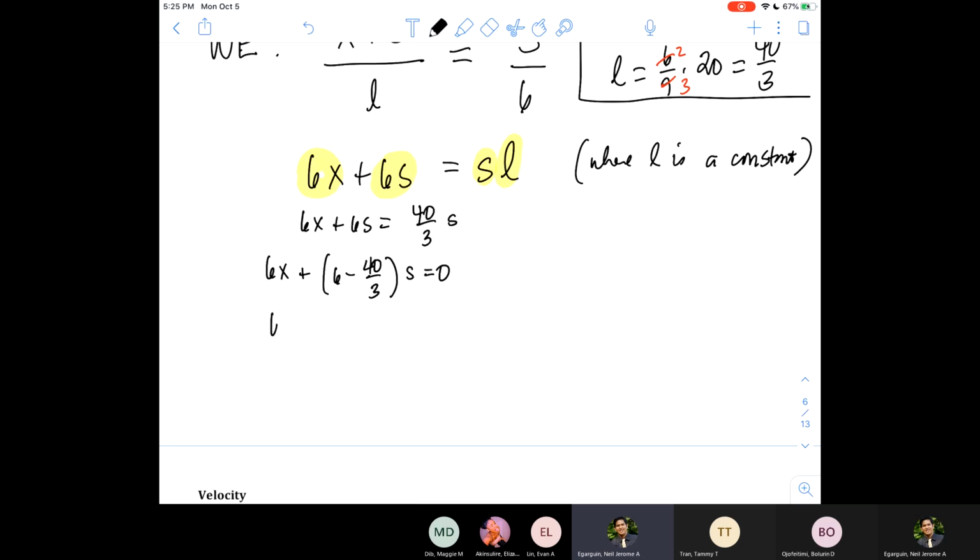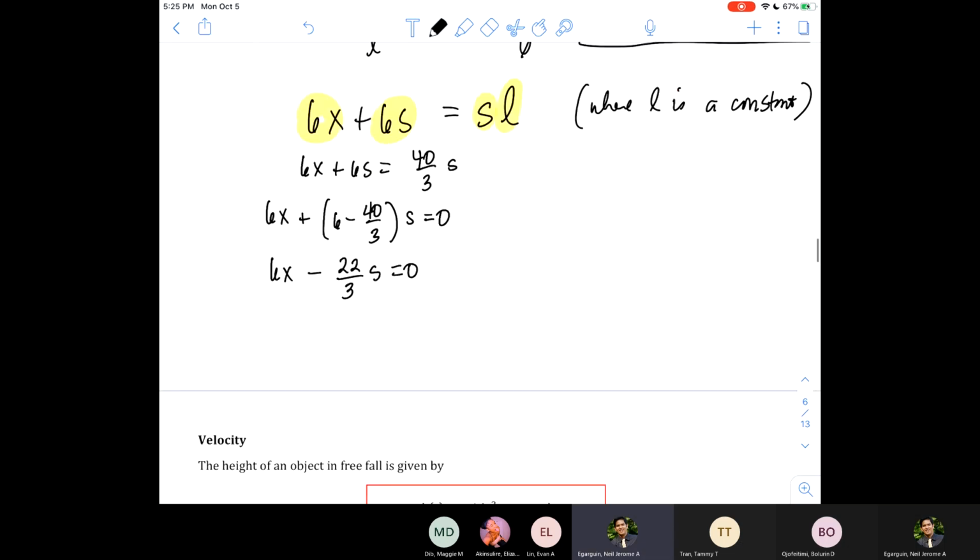And then this is just 6x minus, I guess this would be 22 over 3, s equals 0. Then I differentiate both sides with respect to t. We'll have 6 dx over dt minus 22 over 3 ds over dt equals 0.